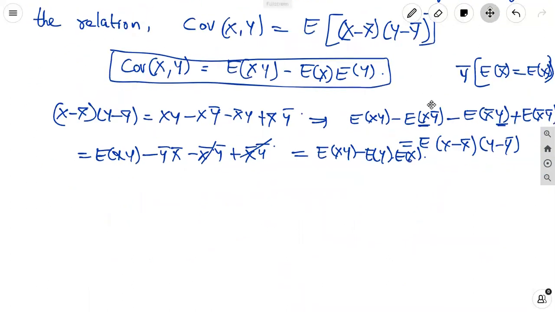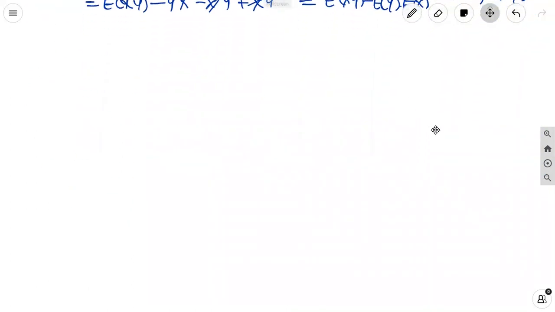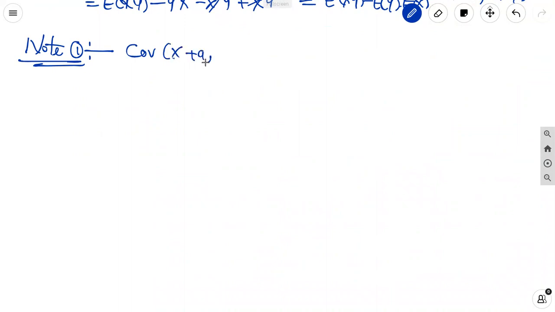Next, in this, there are important note points. Note 1: covariance of X plus a comma Y plus b is equal to covariance of X comma Y only.